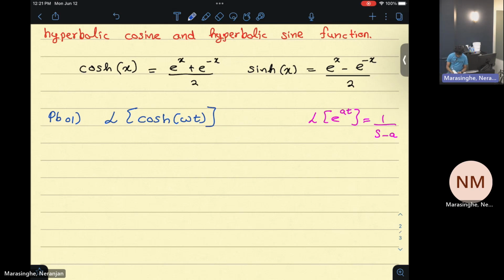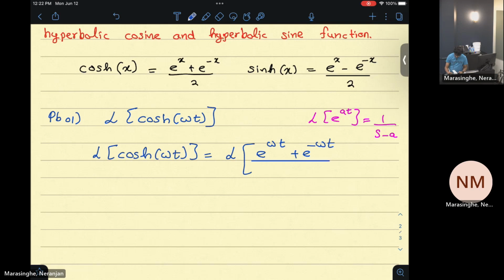The Laplace transform of hyperbolic cosine omega t is equal to the Laplace transform of, what is hyperbolic cosine? It is e to the x plus e to the minus x divided by 2. Now instead of x, we have omega t. So this is e to the omega t plus e to the minus omega t, divided by 2.